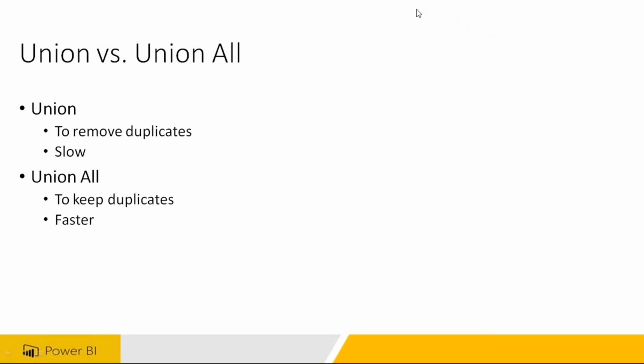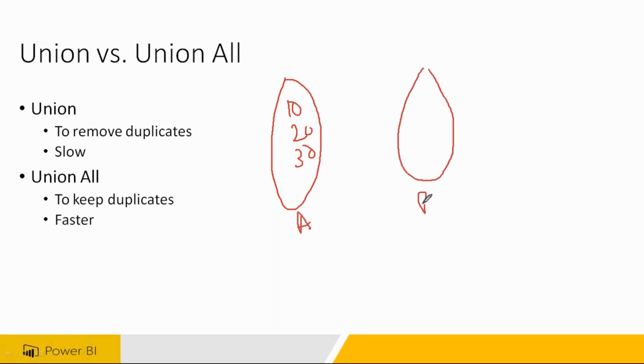Clear? So I have a data set A. In this I have 10, 20, 30. I have table B. I have 30 and 40. If I say A union B, what is the meaning of this?